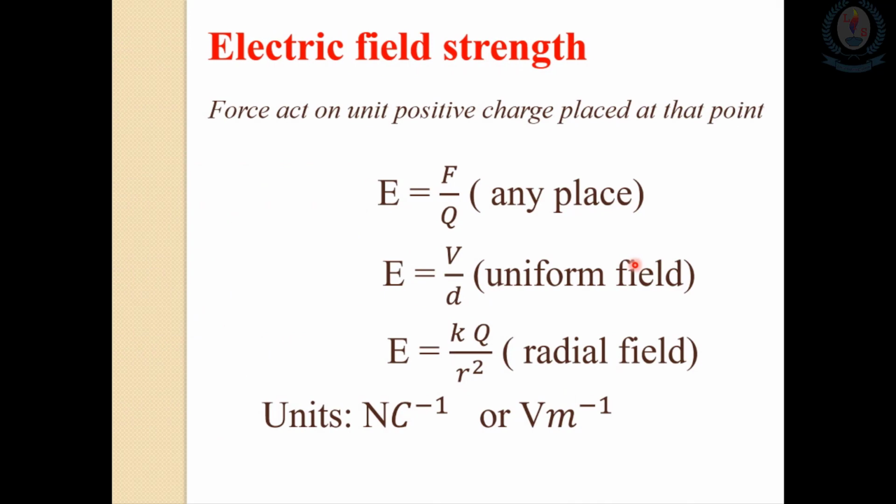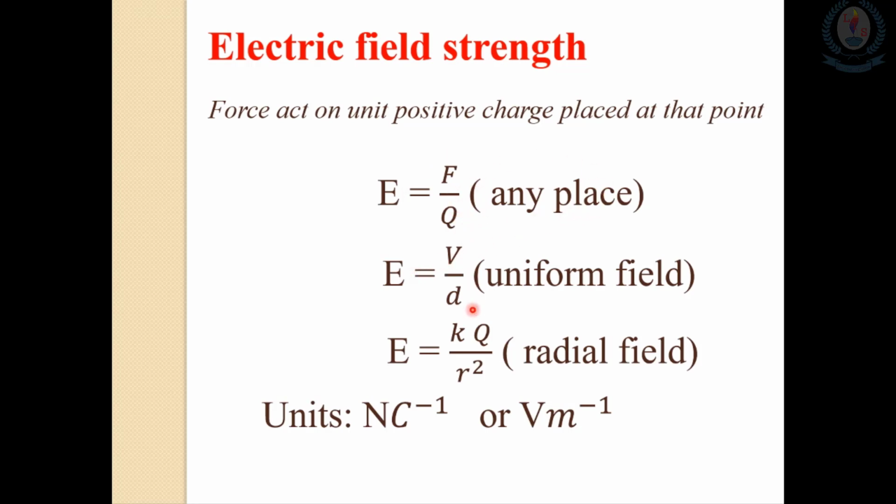Electric field strength is the force acting on a unit positive charge placed at a point. We have learned three relationships for the electric field strength, and what we have to stress in our minds is when to use each relationship. E = F over Q can be used at any place.